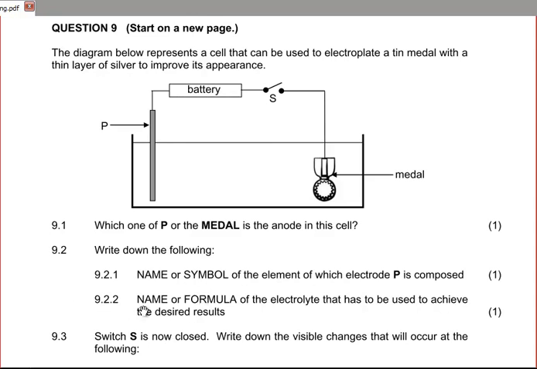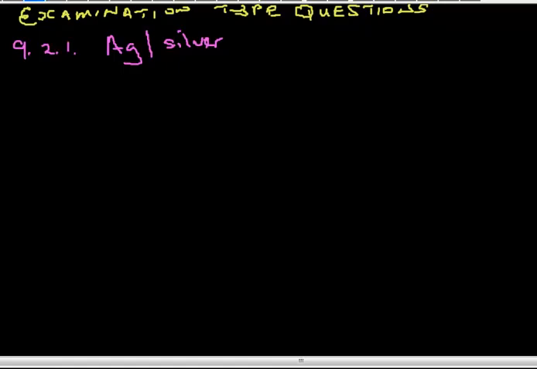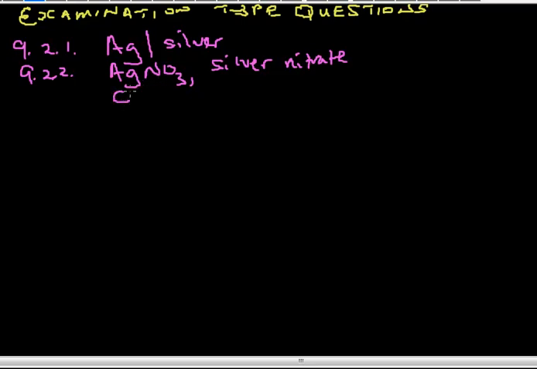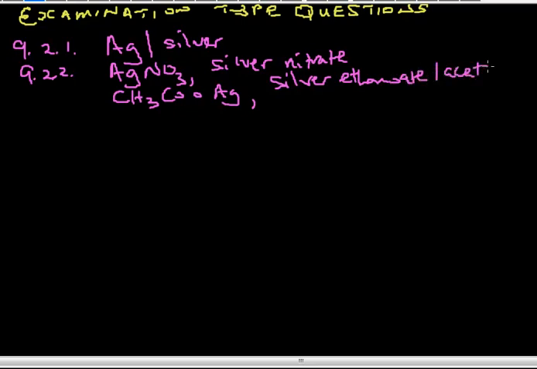So on our question 9.2.2, the two electrolytes which we have is we can use silver nitrate, which we can write as this, or we can just write it in words as silver nitrate, or we can actually use silver acetate, which is written like this, or we can call it silver ethanoate, or it can be called silver acetate.